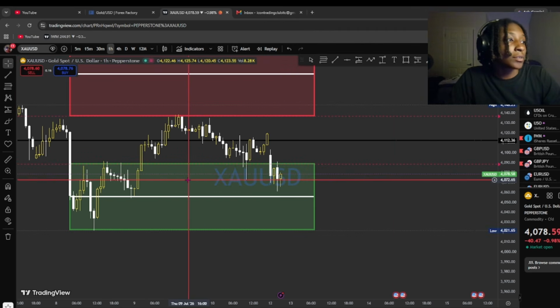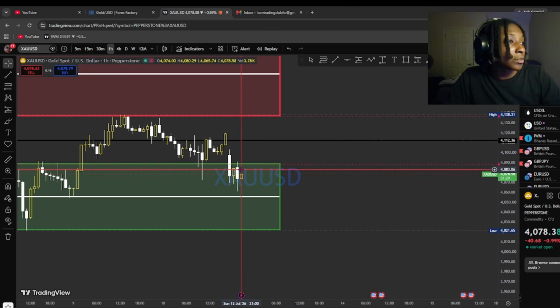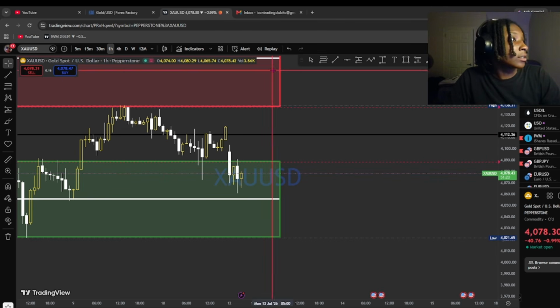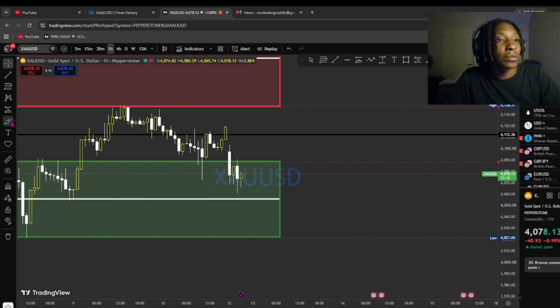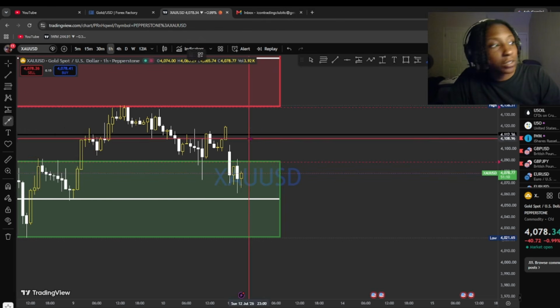So, quick example, since I'm in the market right now. Currently the sellers are strong because the price is shooting lower. Here's a quick draw out of what I'm trying to show you.